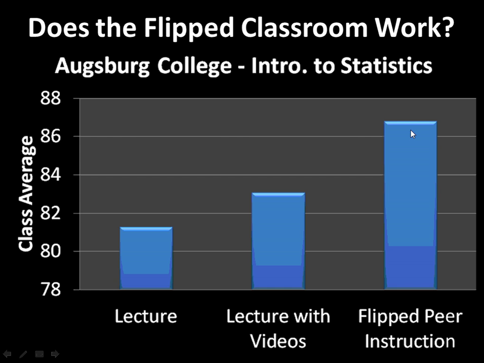However, on the far right is the peer instruction flipped learning model, and we're up by 5.5% for the overall course grade averages at the very end. And so it did make a big difference. Plus, when I've surveyed my students, 100% of my students at the college level prefer the peer instruction flipped learning model over lecture. They're very enthusiastic about it.